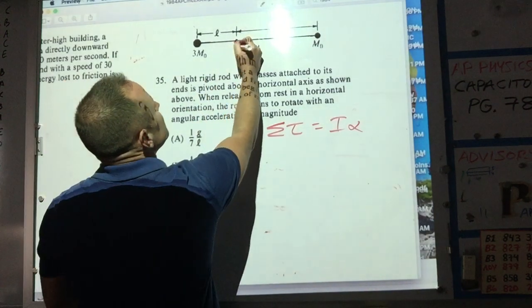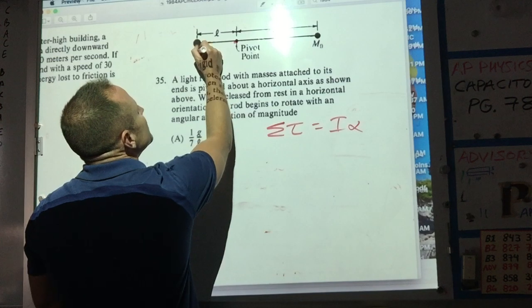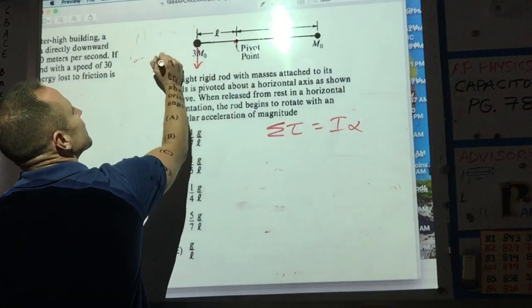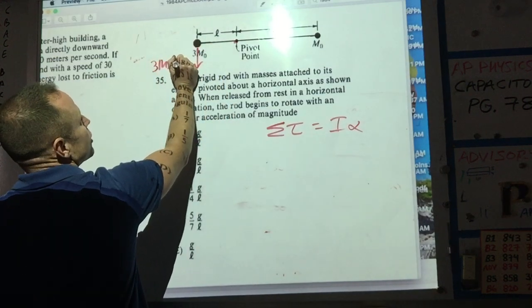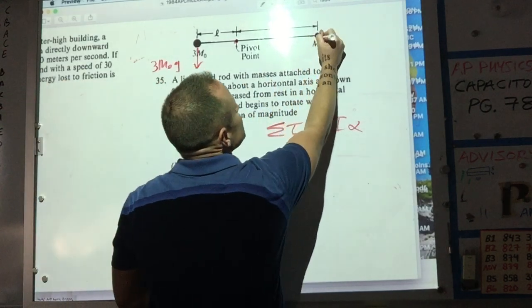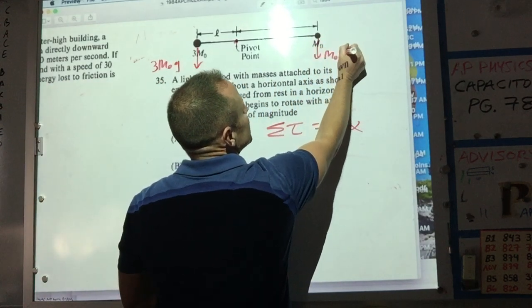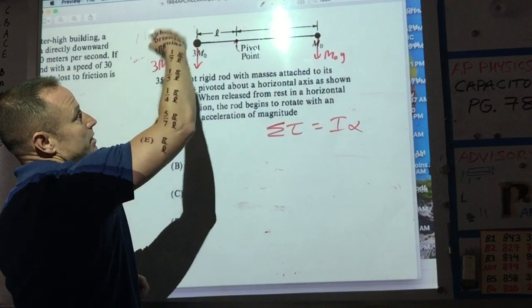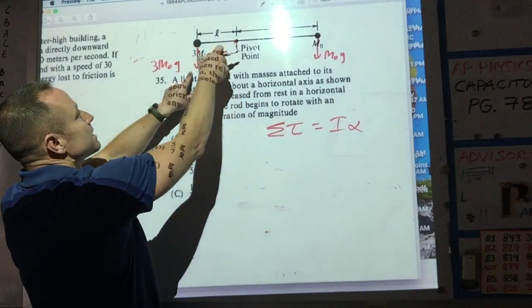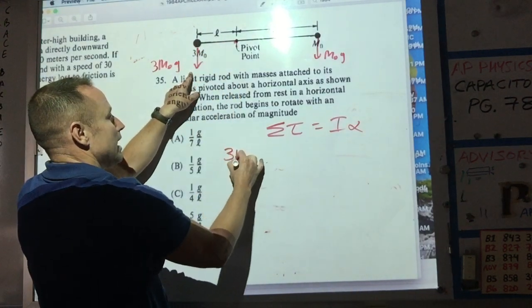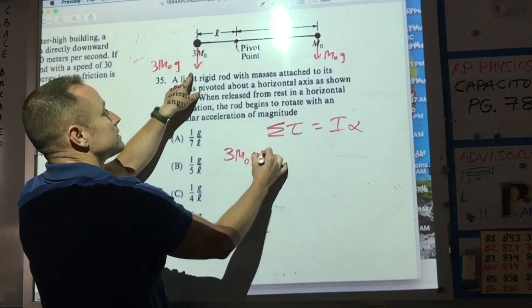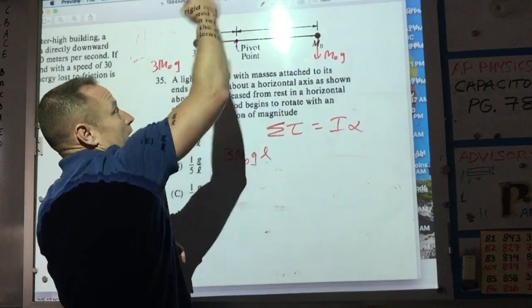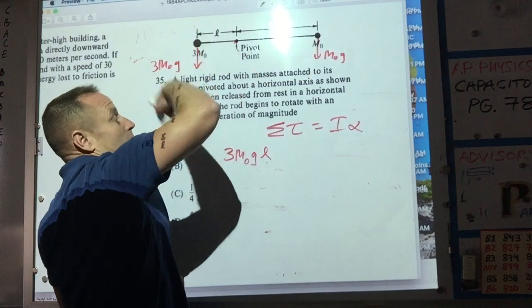Okay, so you're going to have this guy pulling down with a force of 3m naught g, and this guy pulling down with a force of m naught g. Your torques are force times distance. So you're going to have 3m naught g times L. That's your torque going counterclockwise.